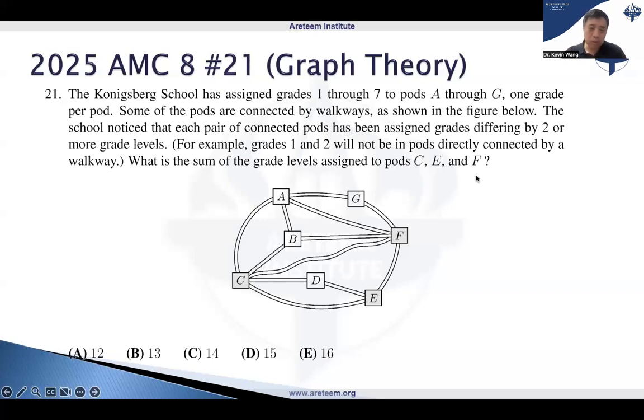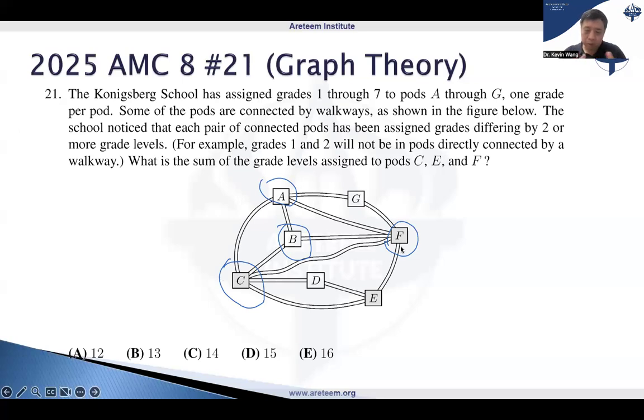First of all, let's take a look at the pods A, B, C, and F. From the pathways connecting them, it looks like they are all connected to each other, because any two of them are connected. That means the numbers we assign to them should not be consecutive at all.